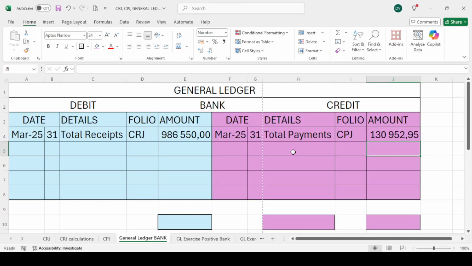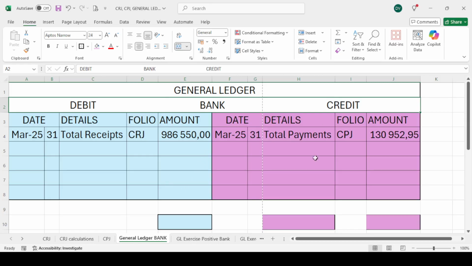What we want to see on the general ledger is, did we make money or not? So you want to end up having a balance brought down on your debit side, because that's going to mean that it's positive. Remember, your debit on the left is money received, and the credit on the right is money paid.